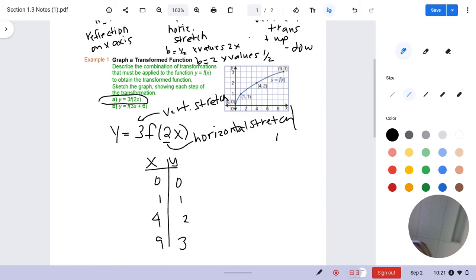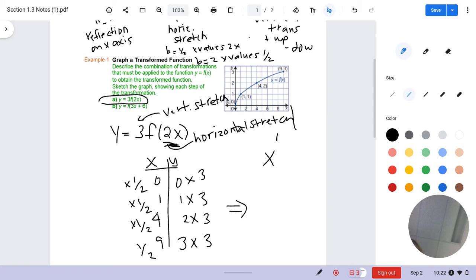Okay, so our vertical stretch of 3 means that we're going to times all of our y values by 3. And when we have a horizontal stretch of 2, that means we're going to either times all of our values by a half, or you can divide by 2. It's the same thing. So we're going to times all my x values by a half.